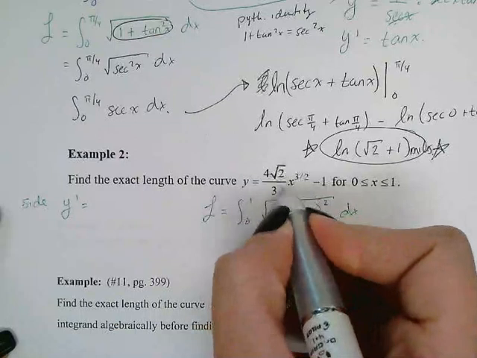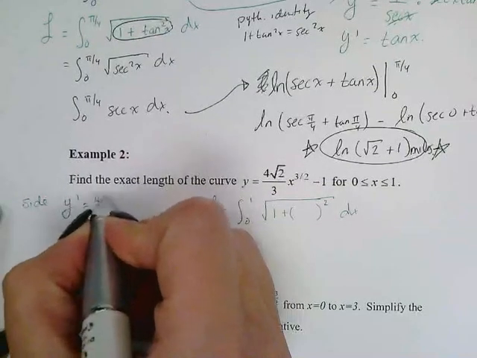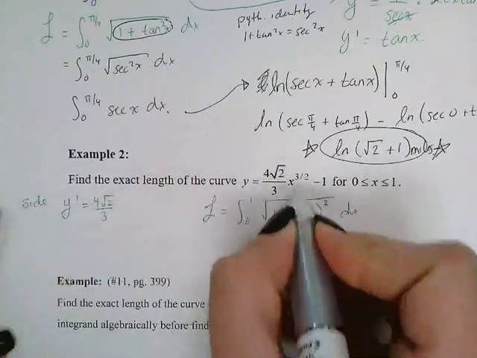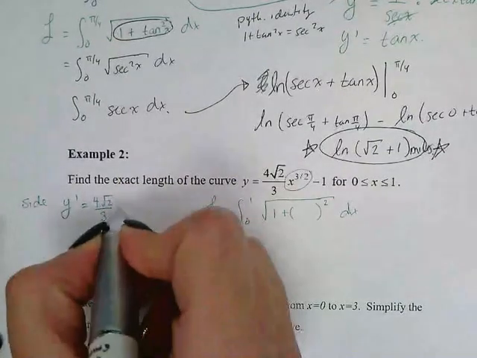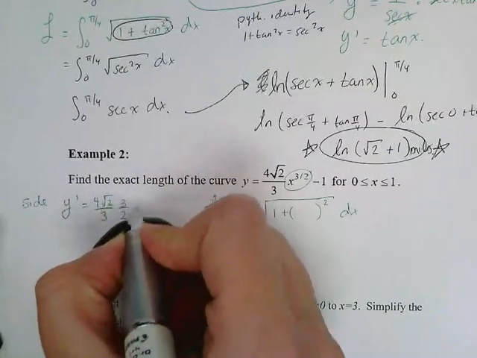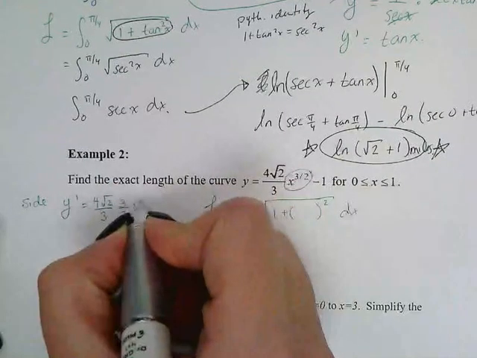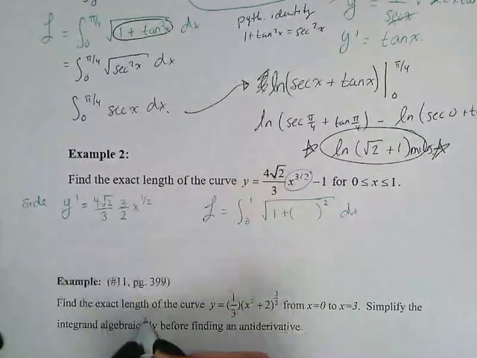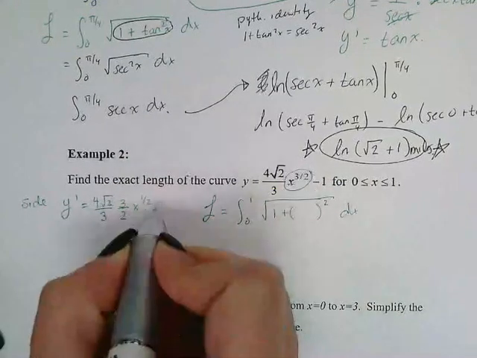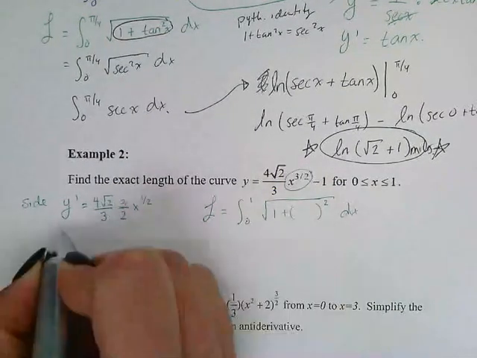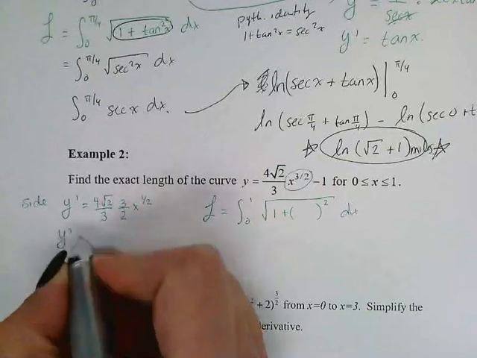So remember, this is just a number, so it's just going to come along for the ride. What is the derivative of x to the 3 halves? Bring down the 3 halves, minus 1, so that's 1 half. And then what's the derivative of 1? 0. So we would stop right here. Let's clean this up a bit.